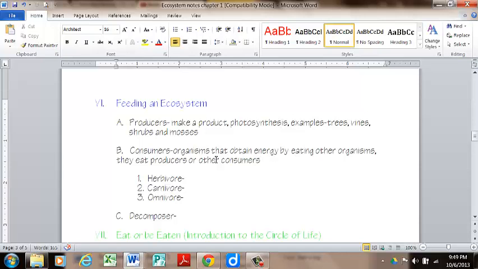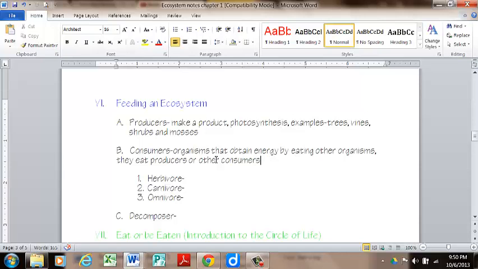So I'm looking down and I'm seeing the examples of consumers, but let's go down and take our notes about decomposers since that popped up in our text. So we see that decomposers, I'm rereading from the first sentence, feed on the waste of living organisms and on dead, decaying organisms.